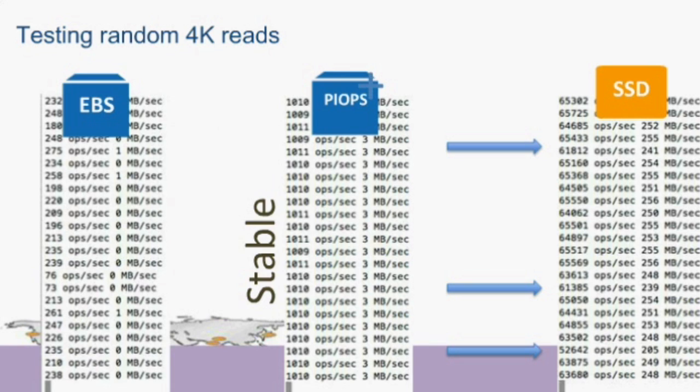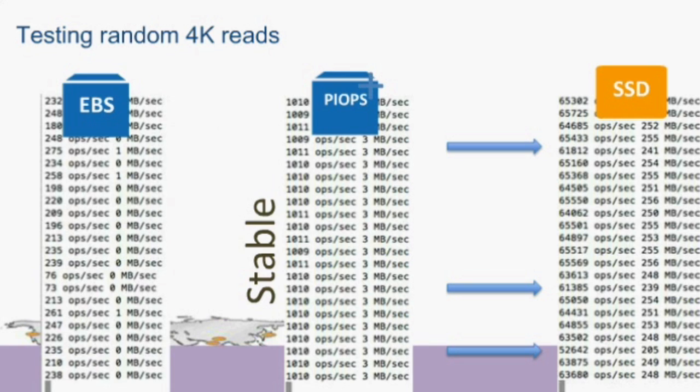So in the range of 10% variability second to second on the IO performance of an EBS volume. With provisioned IOPS, if you look in the middle column, you're seeing much more like 0.1% of performance variability over the test period.